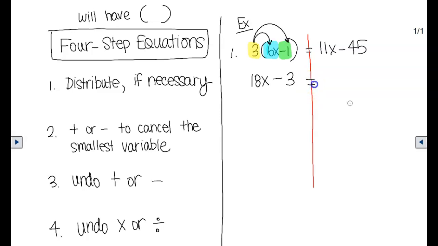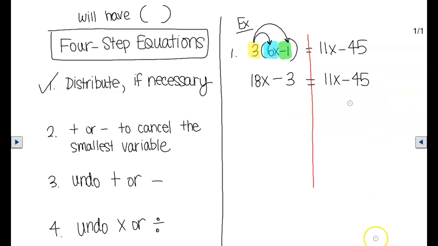On the other side, I don't have to distribute because there is no group. So this is just going to stay 11x minus 45. So with that, step 1 is done.